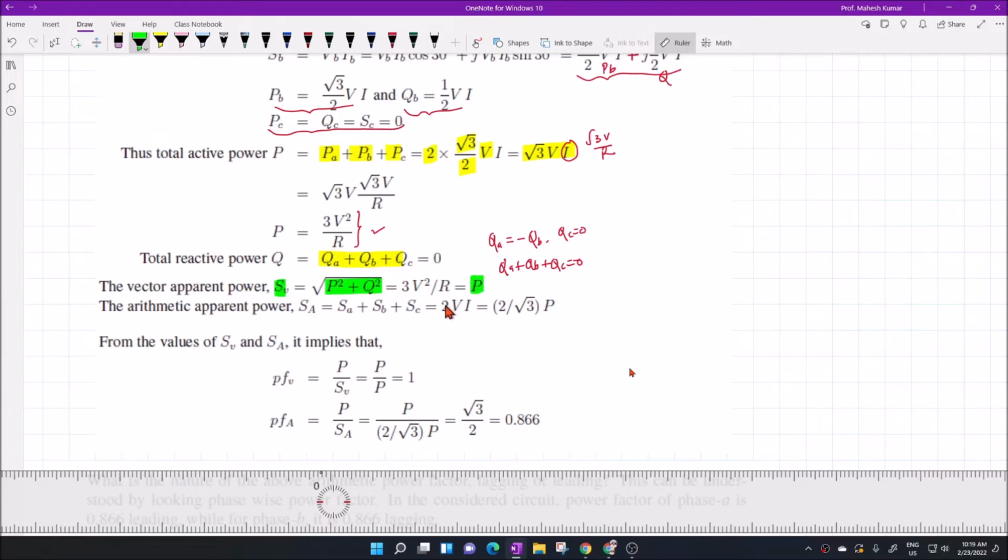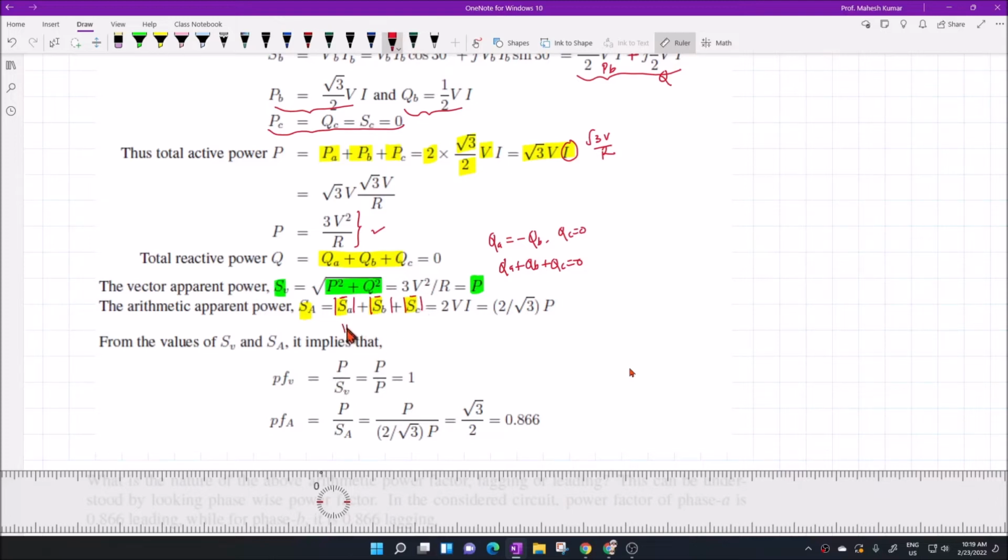On the other hand, the arithmetic apparent power is the sum of the moduli of each phase complex apparent power, that is SA plus SB plus SC as scalar values. So basically it means we first compute this, take the mod of this, compute this, mod of this, compute this and mod of this.